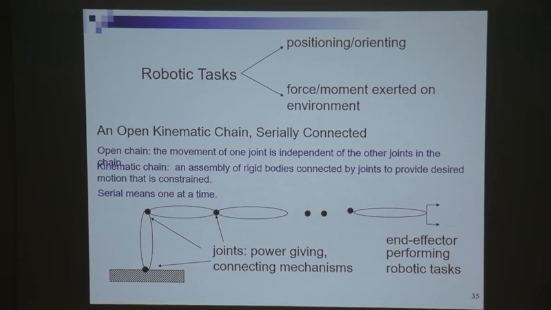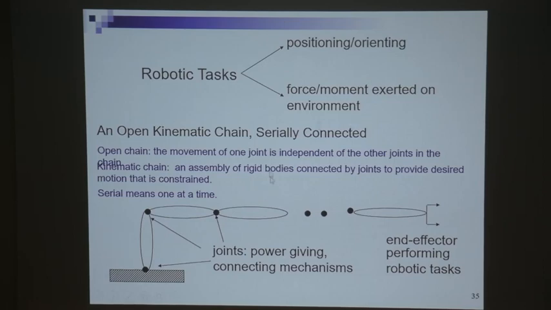And the robotic task typical of classical robotics involves the force that is exerted on the environment. When you place a pencil on the table over here, a force is exerted on the table. So when we talk about the robotic task, we're dealing with these two things.